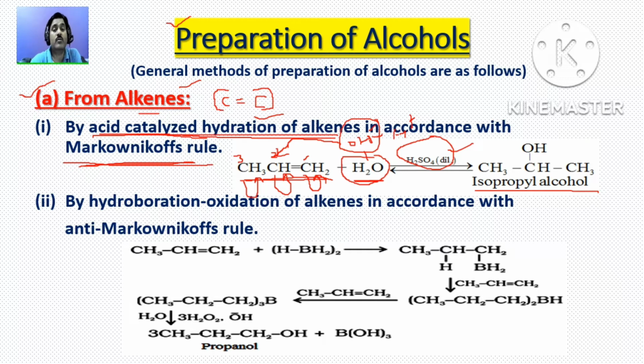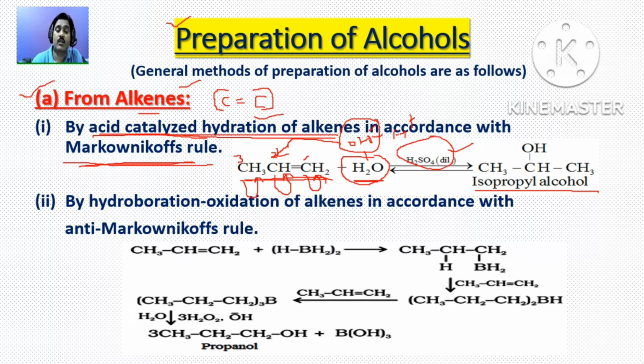That is Markovnikov's rule. It is the rule in which an atom or group of atoms is combined with that carbon atom which has the minimum number of hydrogen atoms attached with it. It must be combined by the double bond with the other carbon atom. That is called Markovnikov's rule.